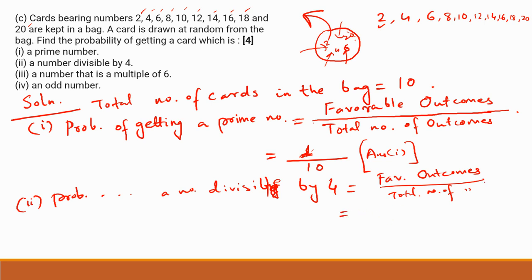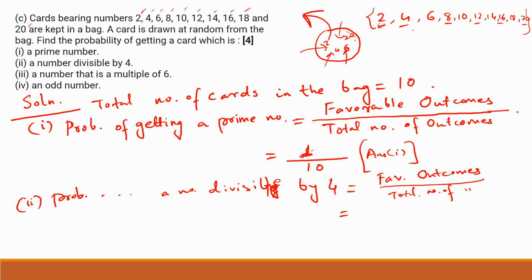So this is favorable outcomes by total number of outcomes. How many favorable outcomes are there when a number is divisible by 4? Let's see, out of this set from 2 to 20, how many numbers are divisible by 4? 4 is divisible by 4, 8 is divisible by 4, 12, 16, and 20 are divisible by 4. 4 times 2 is 8, 4 times 3 is 12, 16, 20.